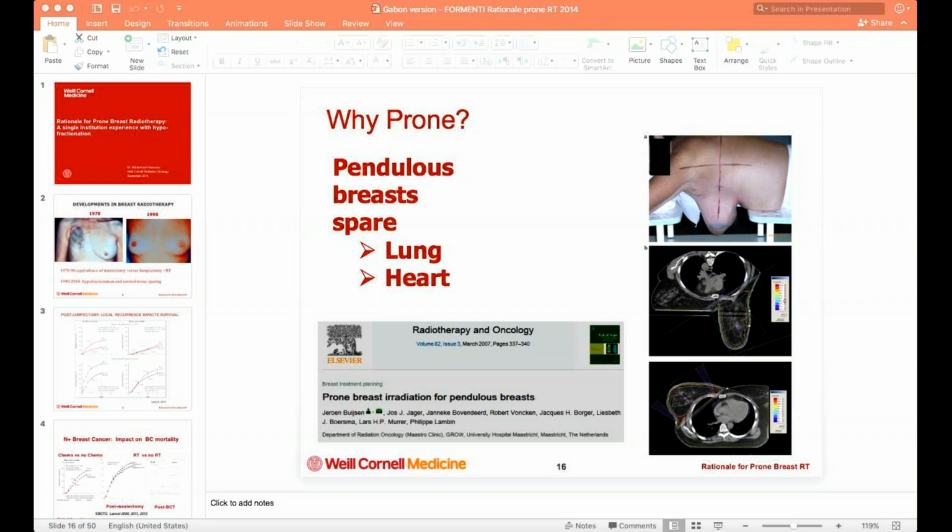So I'll set aside the rheumatic heart disease and I'll talk about the pacemaker. If someone has a pacemaker in place, you want to constrain the dose to the pacemaker. If it's on the same side, I don't know how feasible it is in the different settings, but we will inquire about moving the pacemaker.